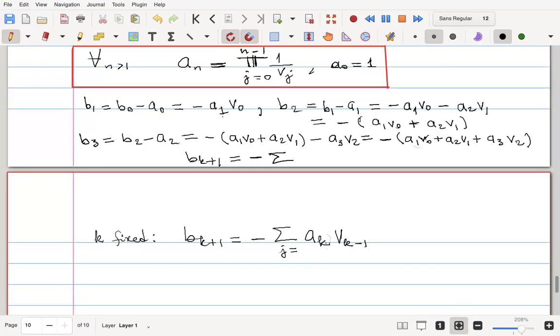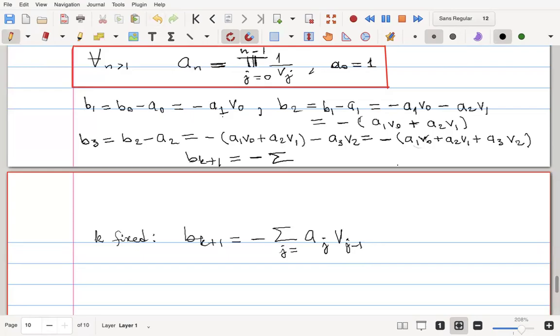Now let's look at the range of our k. k starts from 1, I mean, oh sorry, this should be j. So this is a_j v_{j-1}.